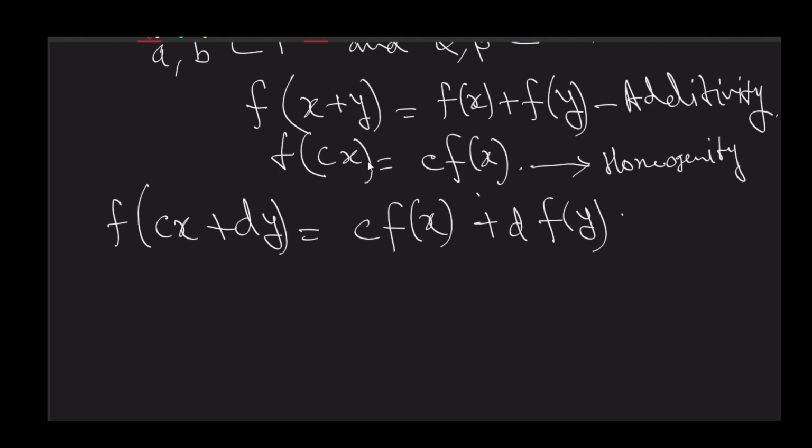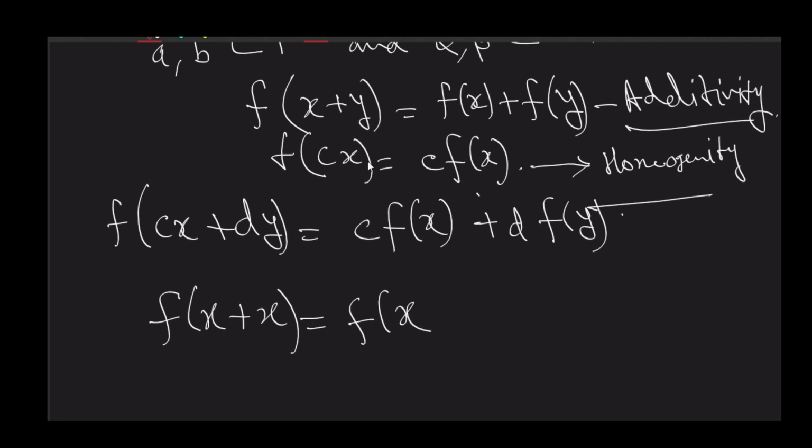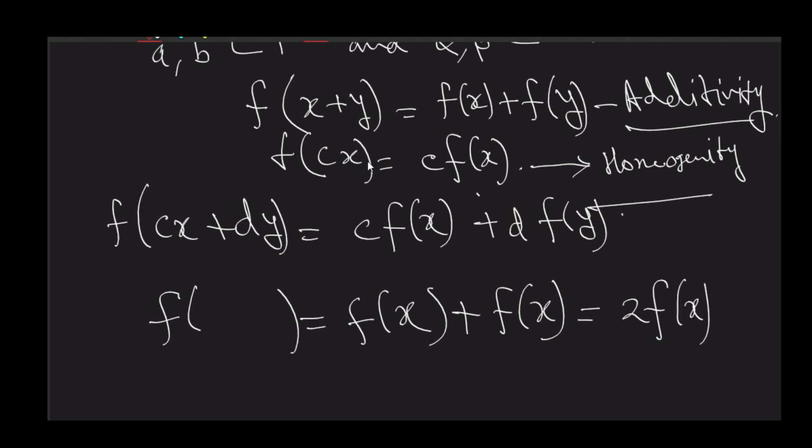So now my question to you is quite simple: while writing superposition, why do people always mention additivity and homogeneity? Let me explain one thing. f of x plus x gives me f of x plus f of x, which is equal to 2f of x, and this can also be written as f of 2x.